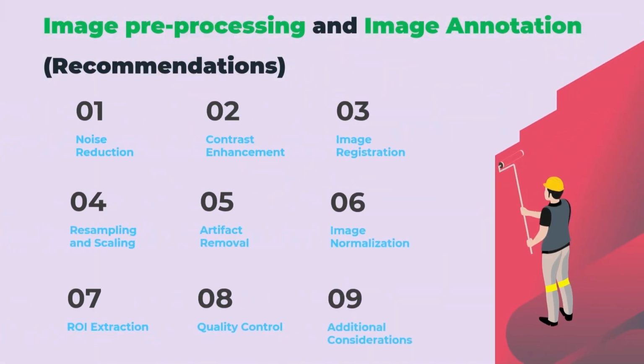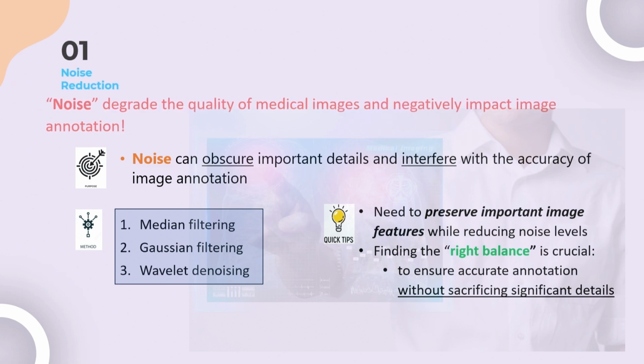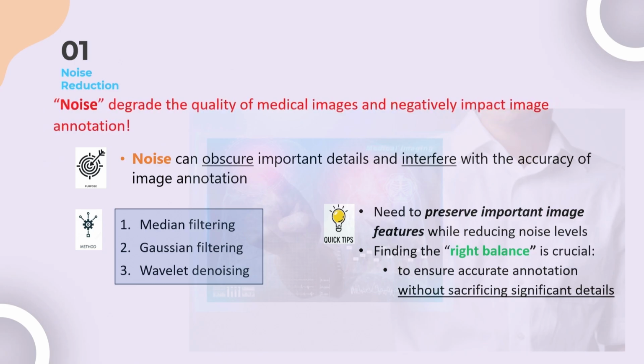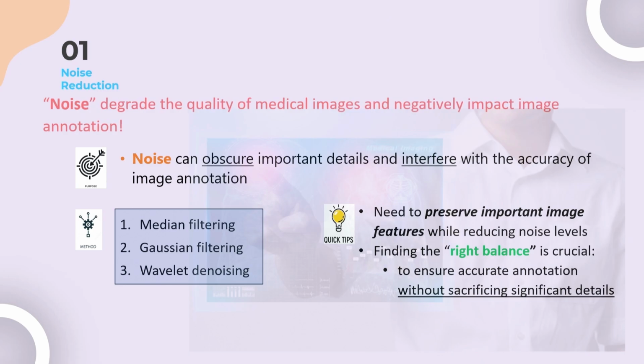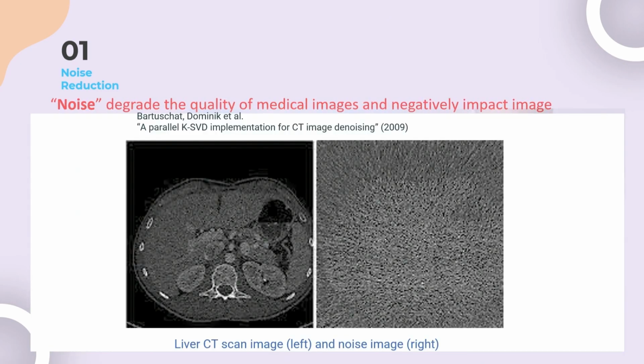For example, noise, all right? I'm not sure whether you know that radiographic images actually contain a lot of noise. It's just with different levels of noise. For example, you see this is a CT image of the abdomen, and on the right-hand side is actually the noise coming from the same image.